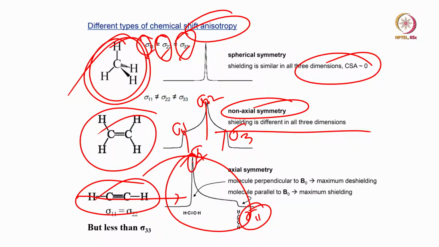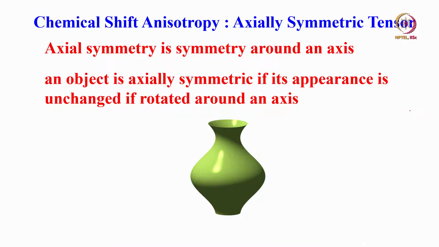So this is the maximum in the perpendicular direction. Here maximum shielding is there. In the parallel direction, the molecule has maximum de-shielding. And this is the pattern for CSA for a molecule having an axially symmetric tensor. Remember, this is the pattern for CSA. So this is just a brief on the axially symmetric tensor, which I do not need to explain in detail.